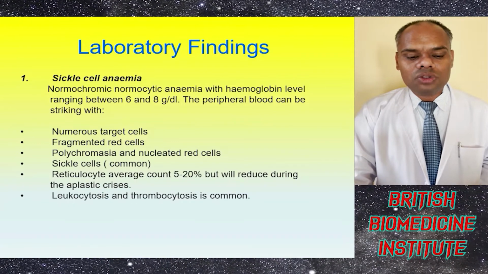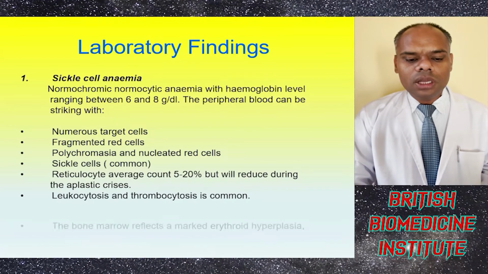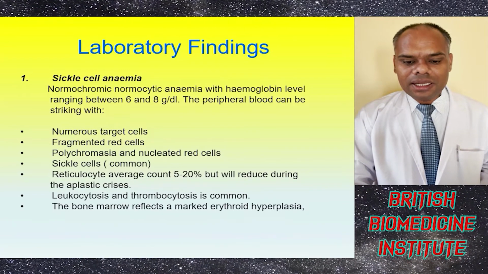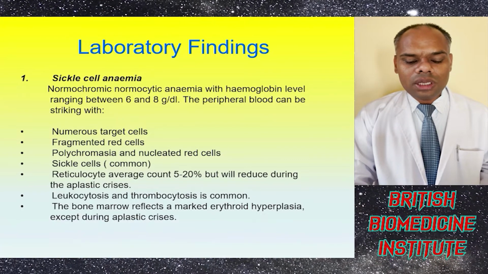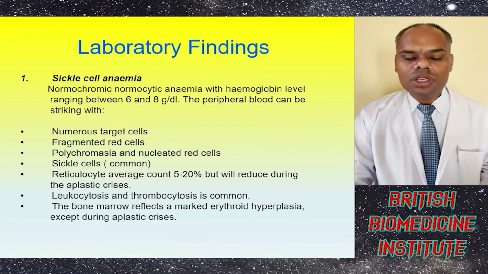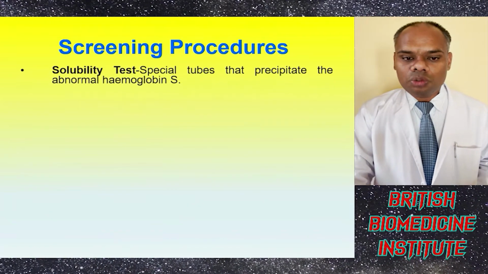Leukocytosis and thrombocytosis are also basically common. The bone marrow reflects a mild erythroid hyperplasia during aplastic crisis. So the screening procedures are, we can test with the solubility test.